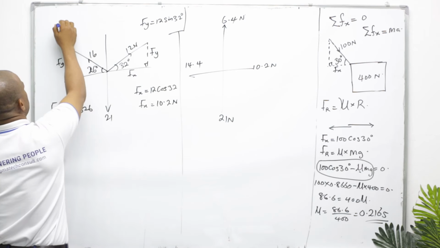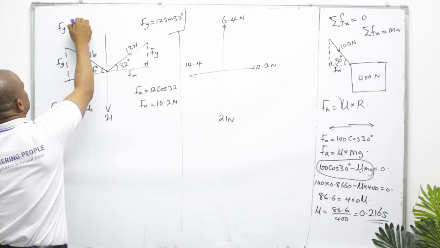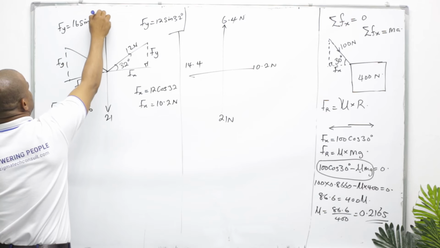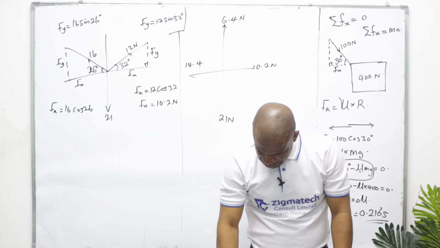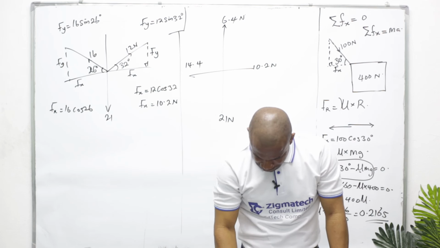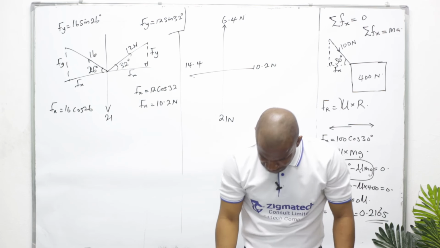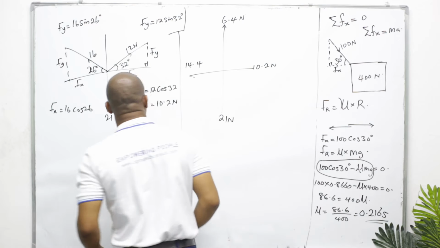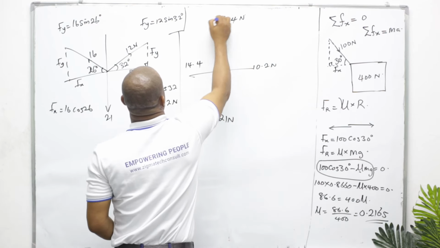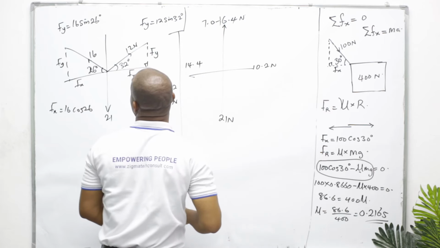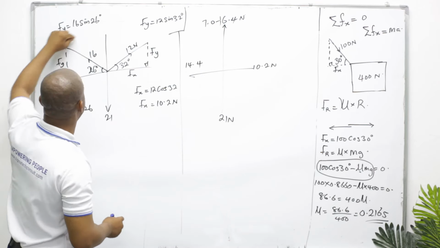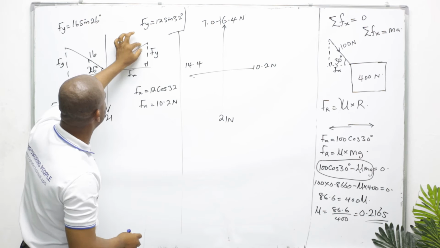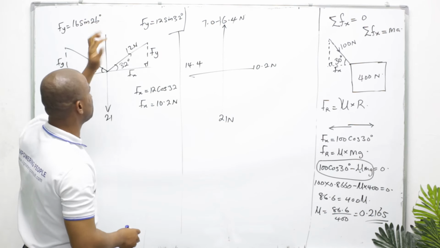And another one, Fy, is going to be 16 sine 26, which is 7.0. So this is going to be plus 7.0. Alright, so I've resolved this horizontal, I've resolved this vertical, I've resolved this horizontal, I've resolved this vertical.